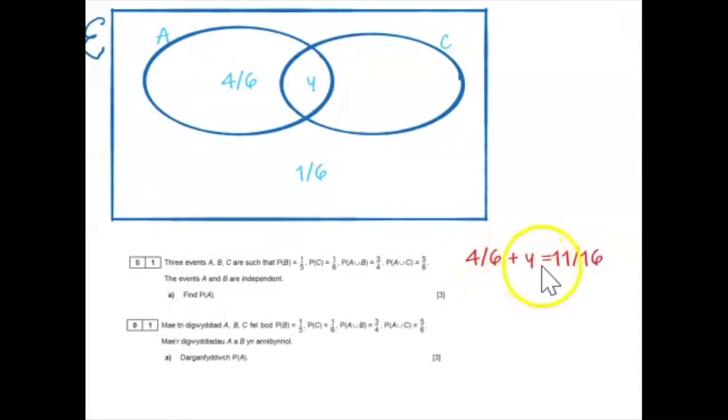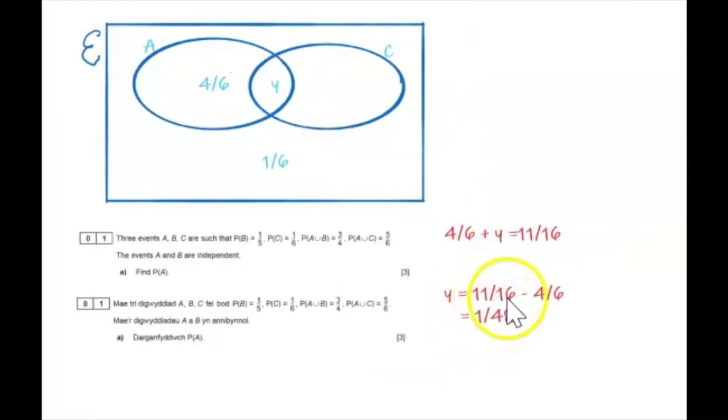So 4/6 plus y is 11/16, so y is 11/16 minus 4/6, and that is equal to 1/48. So we can put 1/48 on the diagram, and we can calculate what C only is.